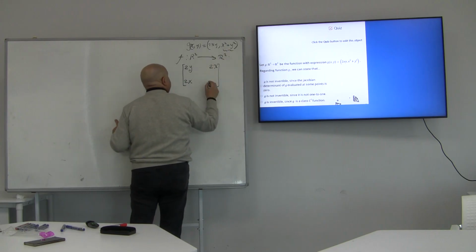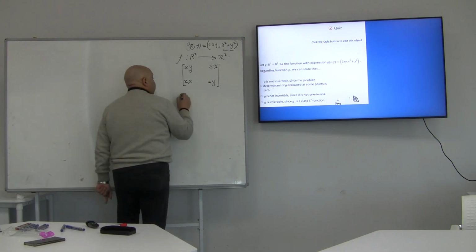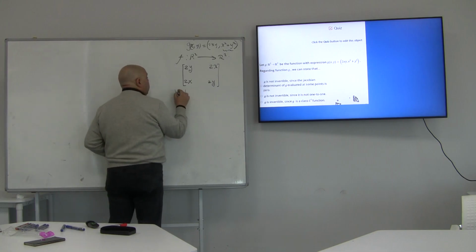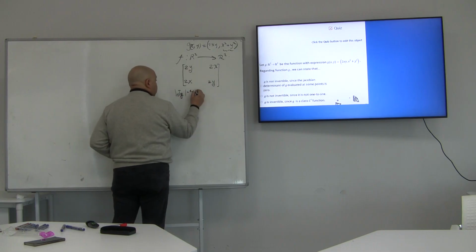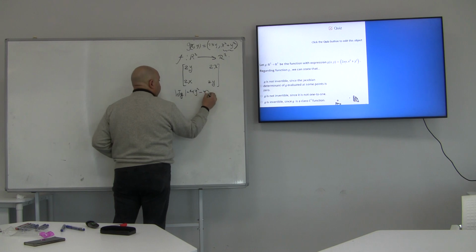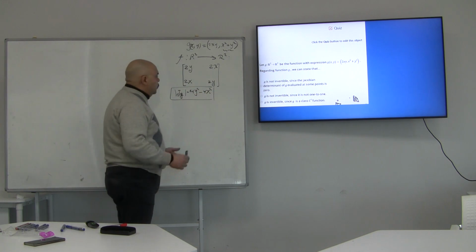And for the second part, differentiating with respect to y, it's going to be a 2y. If you want to get the determinant of the Jacobian of this function, it's going to be 4y squared minus 4x squared. So this is the Jacobian.